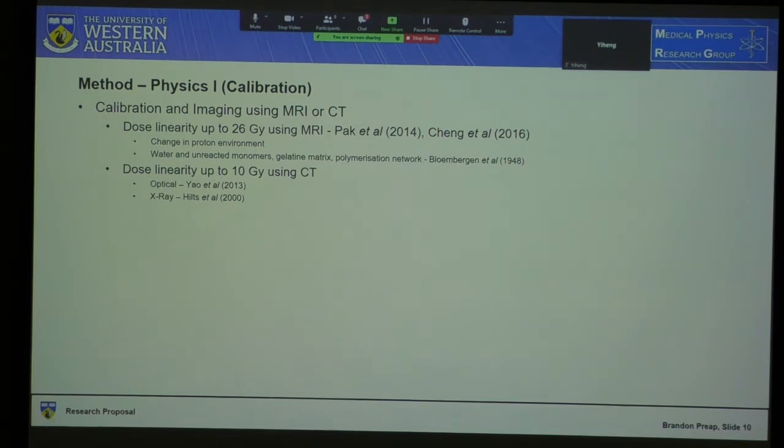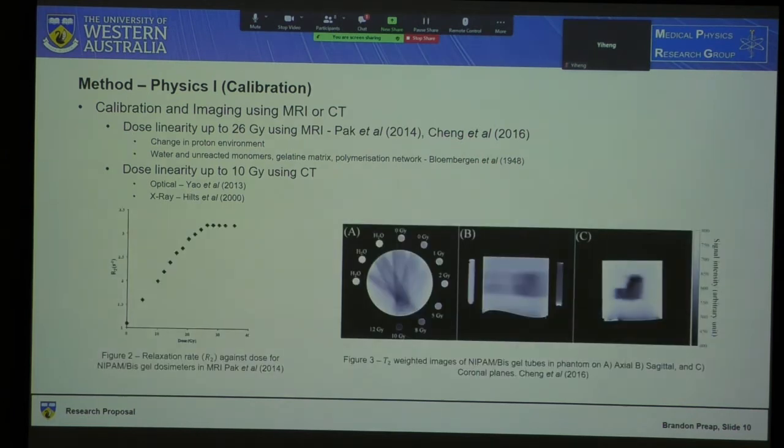The next bit is the calibration. After irradiating, you can image it using MRI, which is linear up to 26 gray, or you can use CT, optical or X-rays, and that's linear up to about 10. As you can see here in figure 2, with the T2-weighted relaxation rate against dose, it's pretty linear up to 25, 26 gray, and then it plateaus.